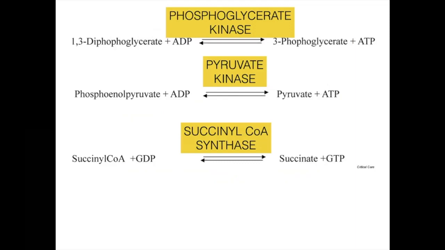Now, I want everyone to memorize these 3 enzymes in the yellow boxes. This is what is found in our Harper's Biochemistry. 3 classic examples of substrate level phosphorylation. So again, how did we define substrate level phosphorylation?